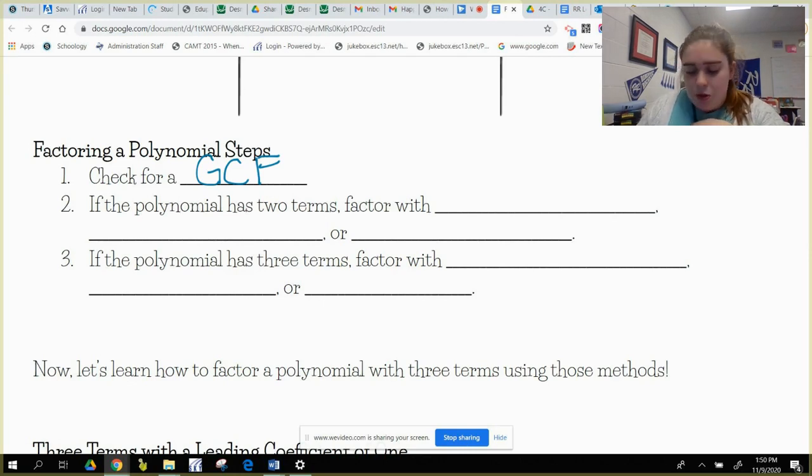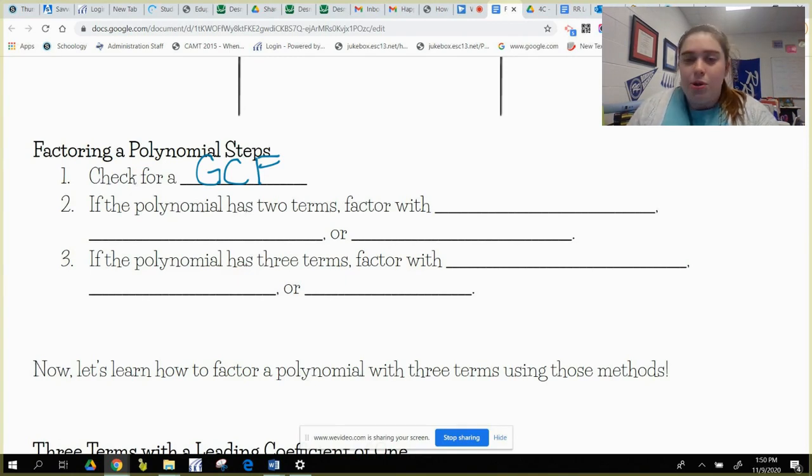Okay, and then number two, the next thing we're going to do is, if the polynomial has two terms, we're going to factor with, and here's where we list the methods we learned yesterday. If you'll remember, for binomials, or a polynomial that has two terms, we talked about three different methods yesterday.